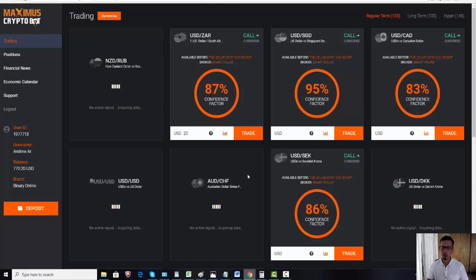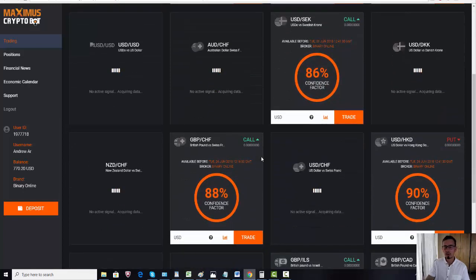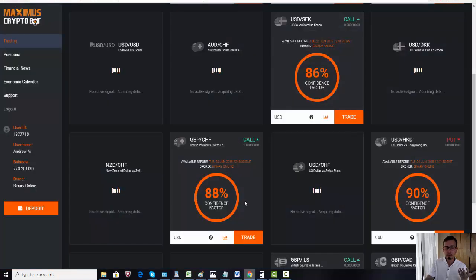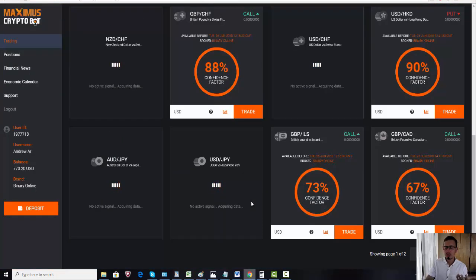In order to maximize profits, we need to take a look at the fundamentals a little bit and the technical analysis a little bit, because no huge analysis is required, since these signals are provided by Maximus-Cryptobot and analyzed by the algorithm behind it.